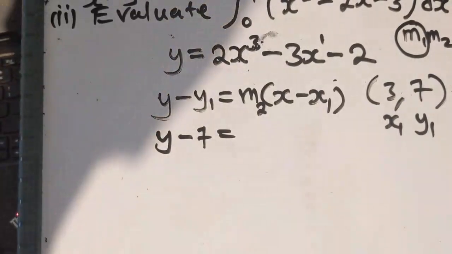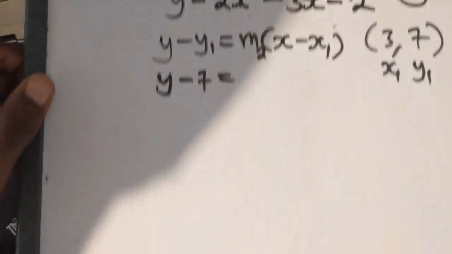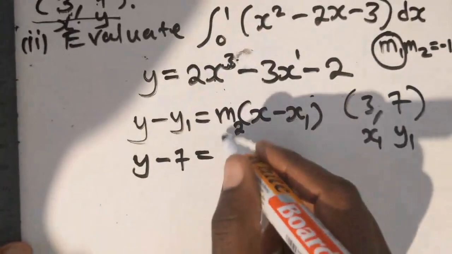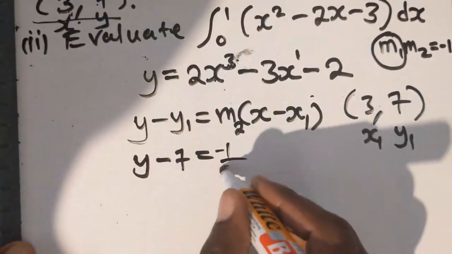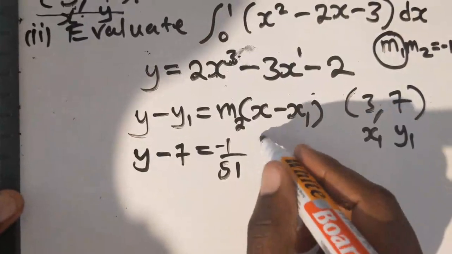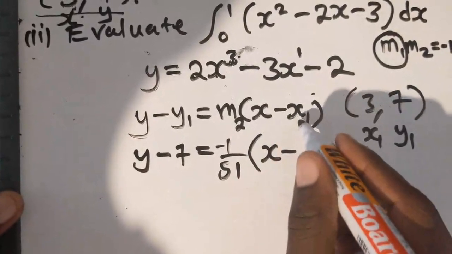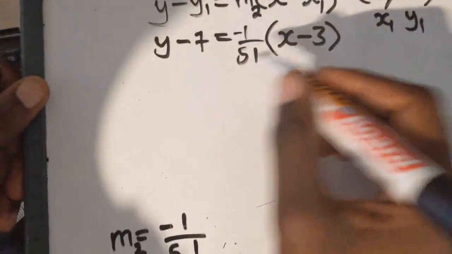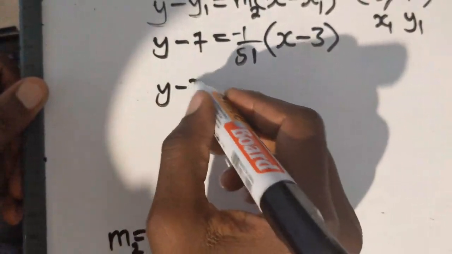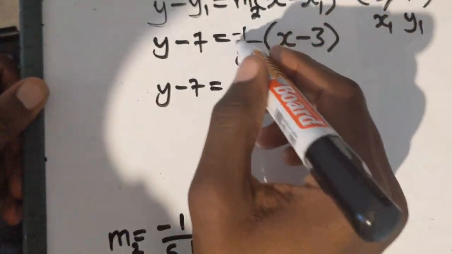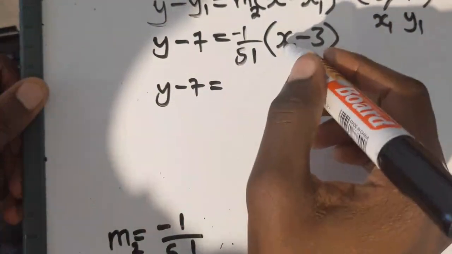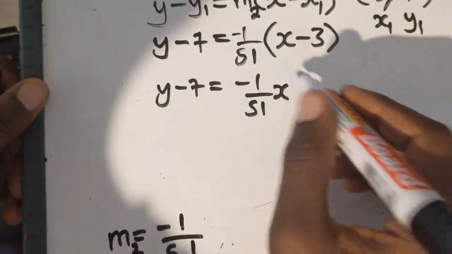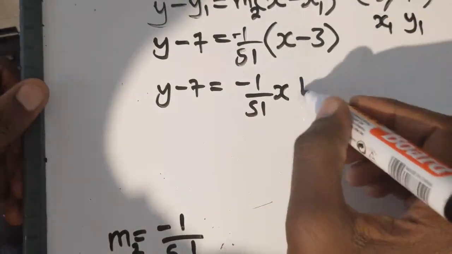The gradient 2 that we had found is negative 1 over 51, so just get negative 1 over 51, open bracket, x minus x1, and x1 is 3, so you just put the 3 there. Then you say y minus 7 is equal to negative 1 over 51 times x. Then negative times negative, that is going to give you positive.